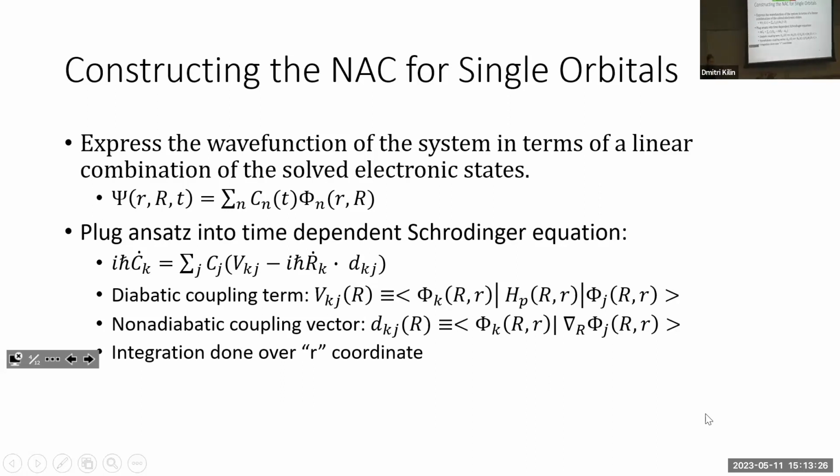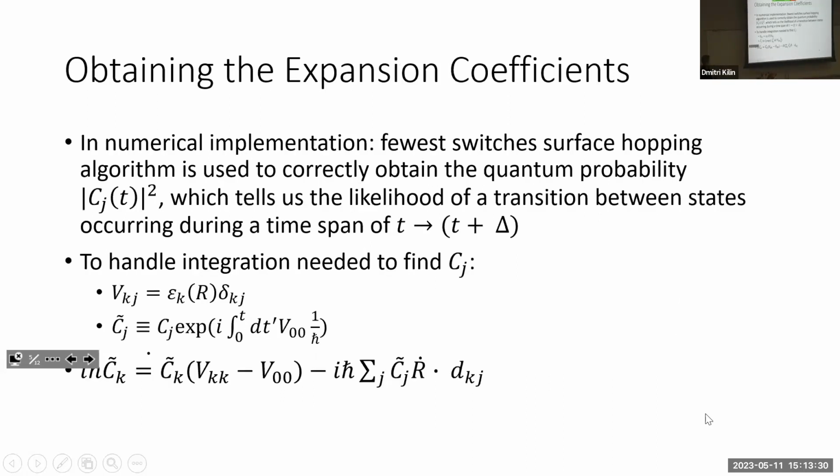And that's been explored by Lola. So in the process of obtaining these expansion coefficients, as discussed, we want to find what the probability amplitude of these coefficients are in fewest switches surface hopping, so that way you can know the probability of a state transition occurring between some different time steps.